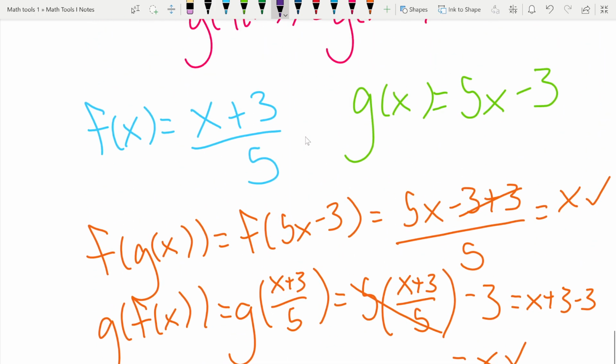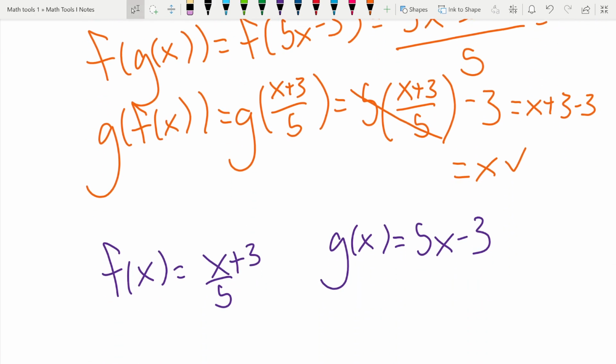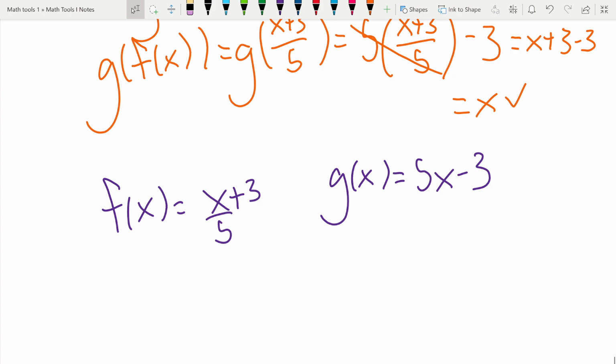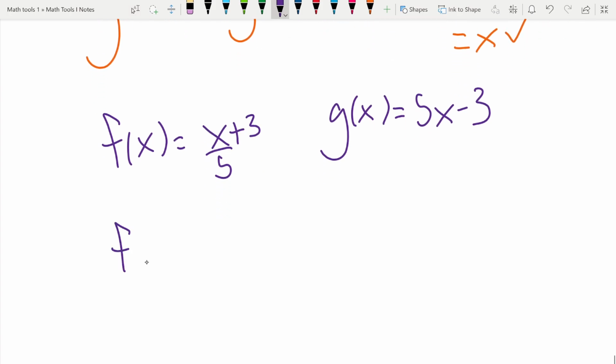But we already know what the inverse function of g is, right? The inverse function of g is x plus 3 over 5. And this inverse function is unique, so it can't have more than one. So what is the issue here? Even though it looks like they're inverses in terms of the operations, right? One's doing division of 5, one's doing multiplication of 5, one's adding 3, one's subtracting 3. So what's the issue? And sure enough, if we compose these, we should see that they aren't inverses of each other.